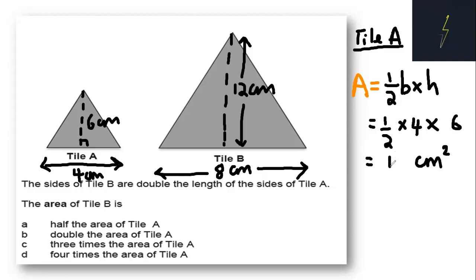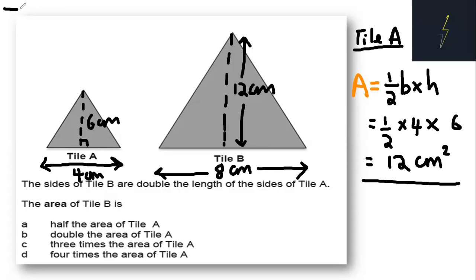And what's 2 sixes? 12. So the area for tile A is 12 centimeters square. Are we following? Half of 4 is 2, and 2 times 6 is 12. So you don't say half of 4 and then half of 6. Okay, so that's tile A.